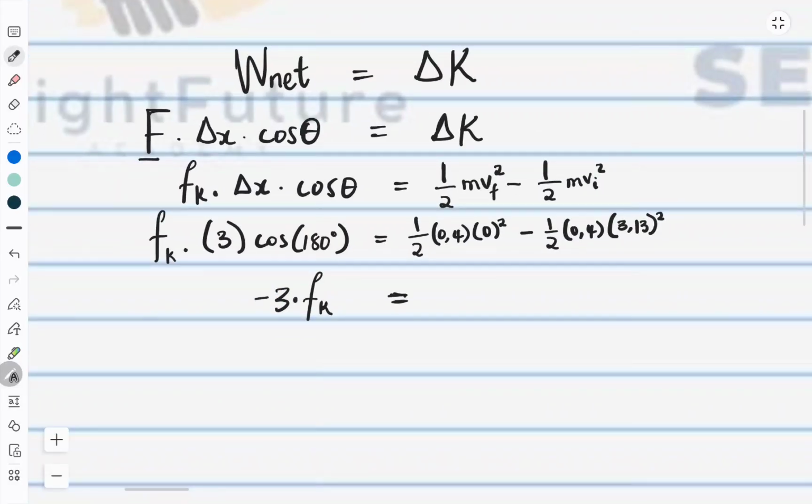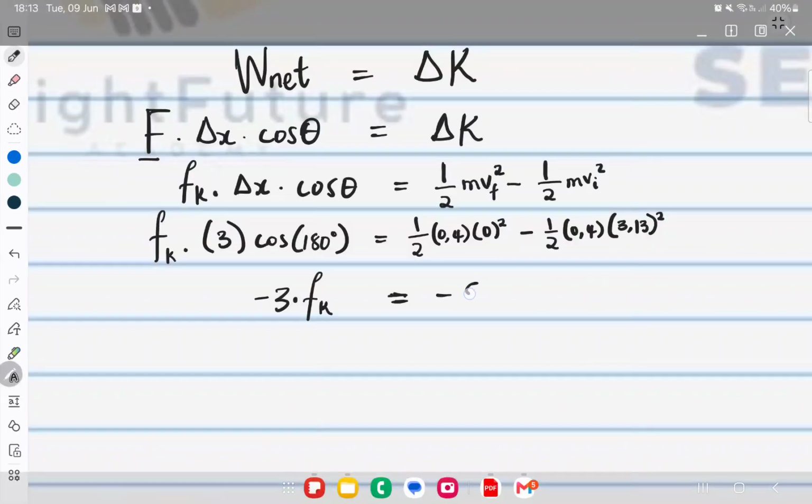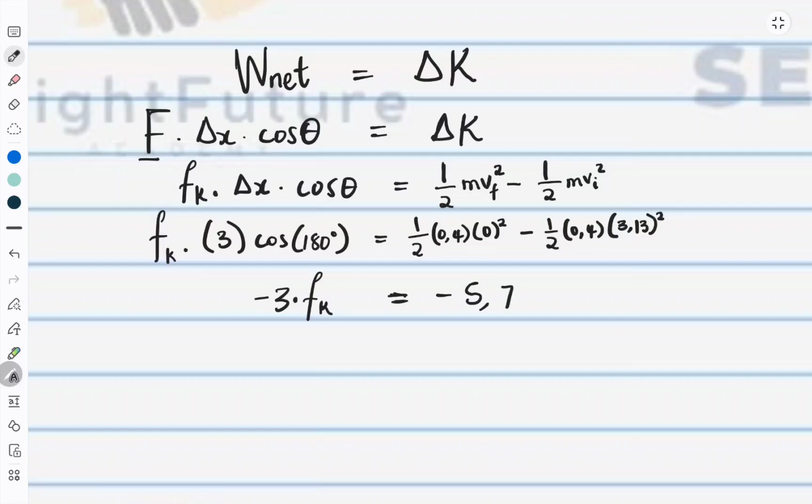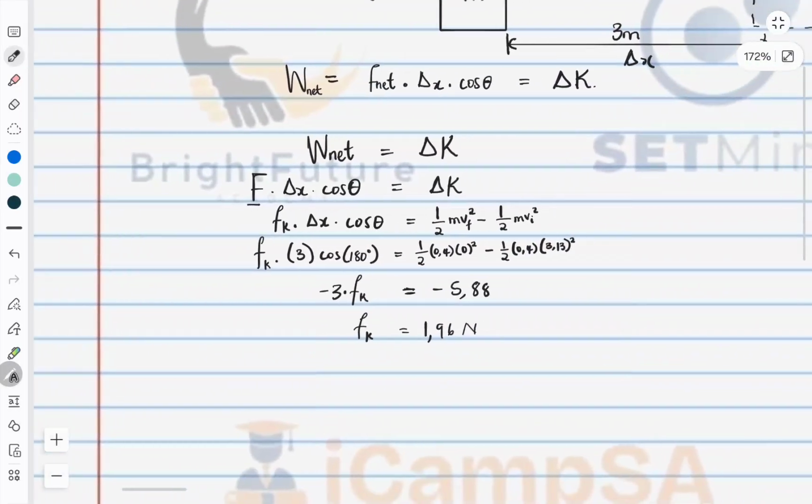Minus 3 times Fk is equals to 0.4 minus 5, so let's say 88. Then Fk, you divide both sides by minus 3, and you get 1.96 newtons. So this is how you would find the force.